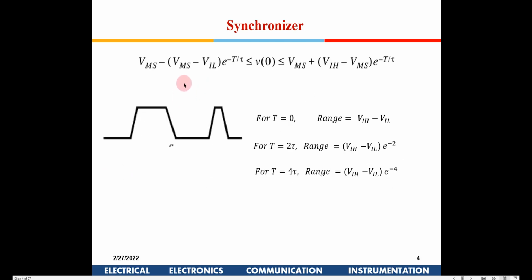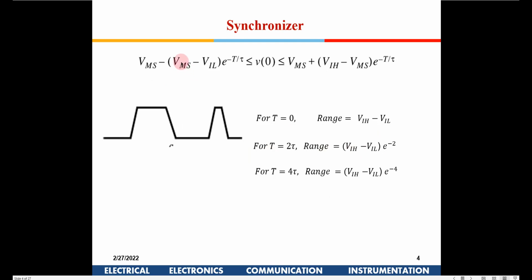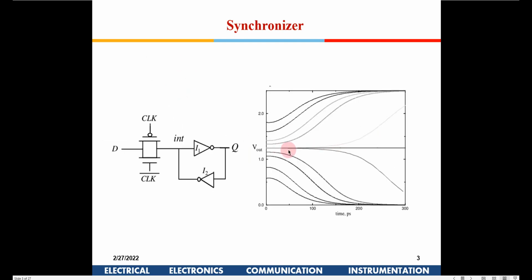So if you see here, VMS is known as the V metastable or the inverter trip point, exactly the midpoint of the VTC curve. So VMS stands for that. If it is exactly at VMS, then it could get locked, but practically it won't.